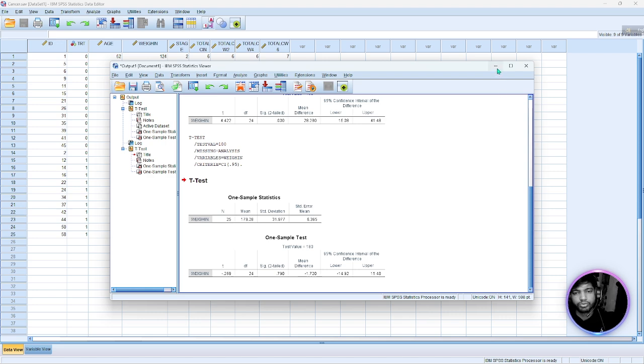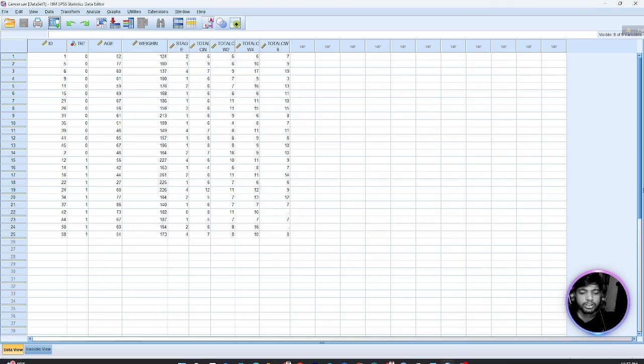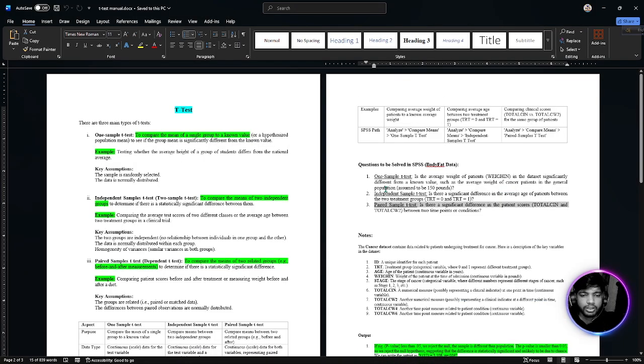Now I'm going to the second question, which is the independent sample test. Here the question is: is there a significant difference in the average age of the patient between two treatment groups, TRT0 and TRT1?